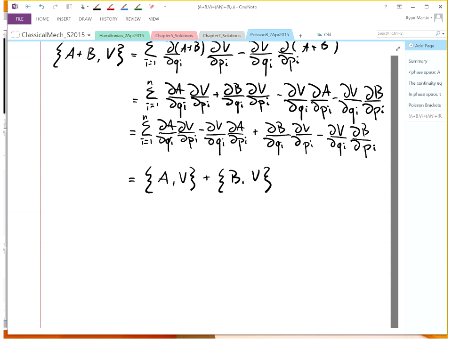Everybody okay with this? You'll get lots of practice doing this. See, it's messy. The last relation in the notes is like a whole page to prove, probably. It's quite lengthy.